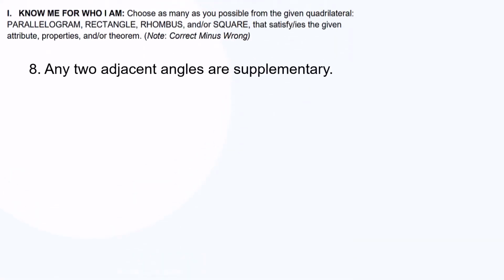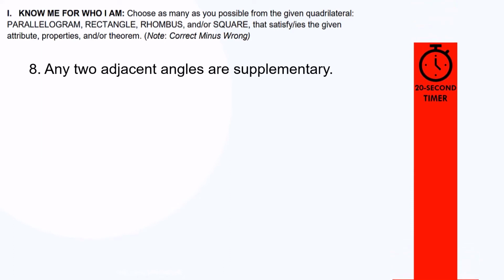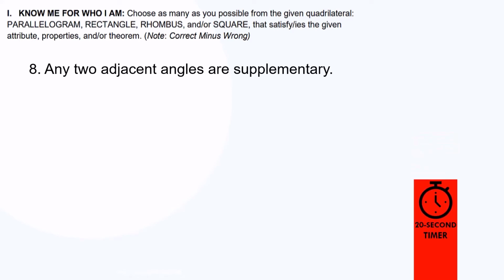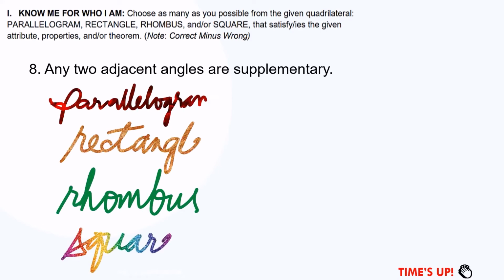Number 8. Any two adjacent angles are supplementary. Your timer starts now. Correct answer, parallelogram, rectangle, rhombus, and square.